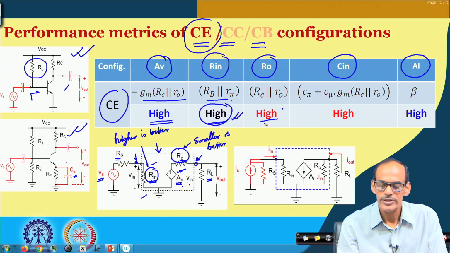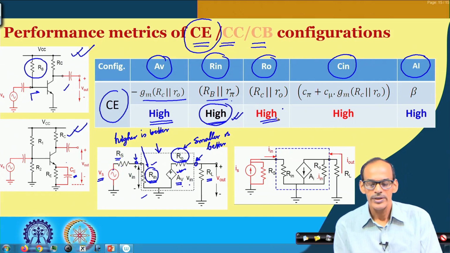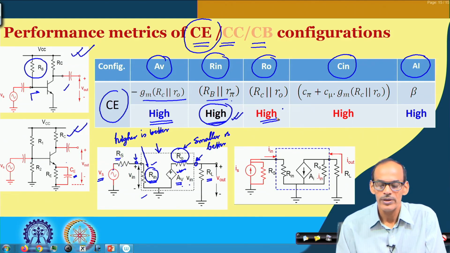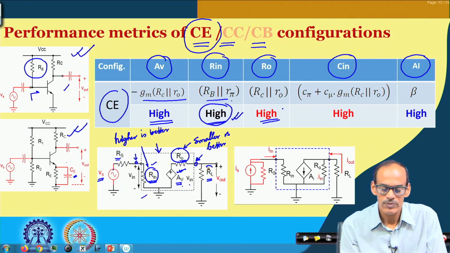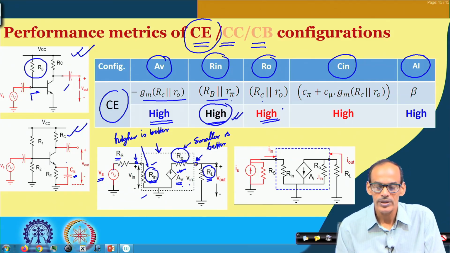So, based on this understanding, we may say that this is good for voltage amplification, but this is not so. Okay. That is why I put this in red color, indicating that if you directly want to use the CE amplifier, there may be some application where the load resistance is relatively small, and then the value of this R out may create a significant amount of attenuation at the output node. Okay.